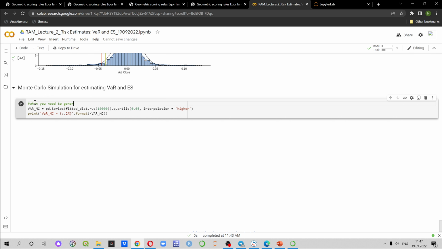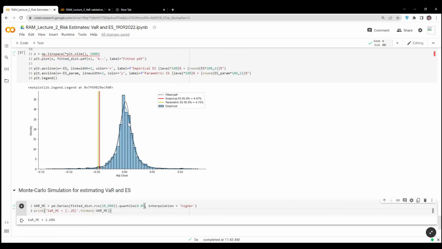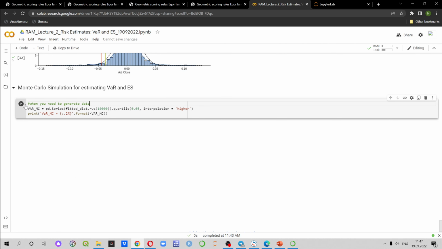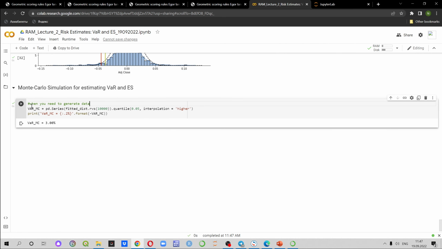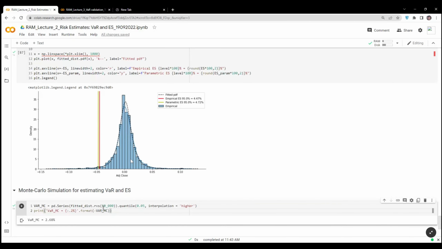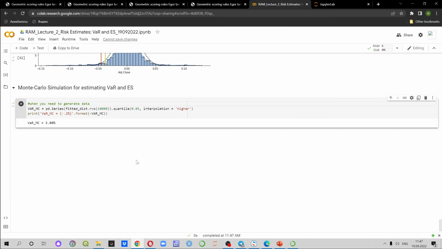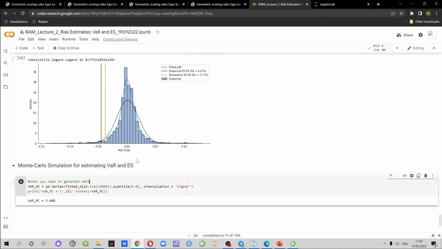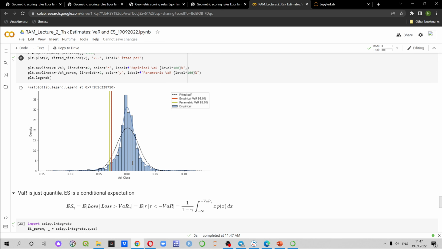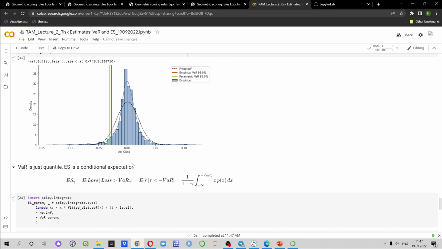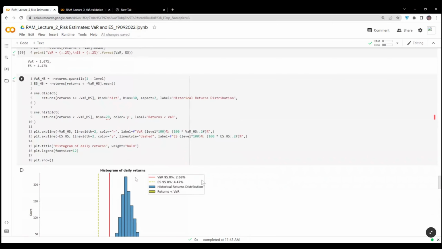And as you can see, value at risk for 95% confidence for this size of sample is pretty close to what we get from the parametric estimation. Okay, so this is kind of the same. We can easily see this from here.